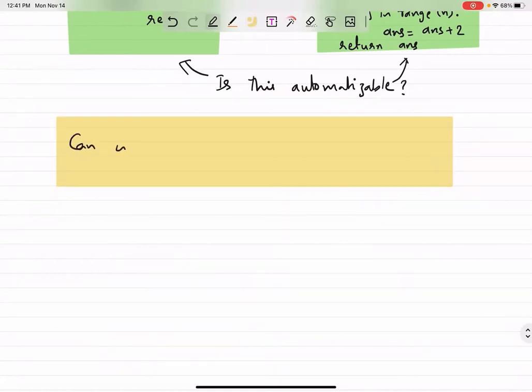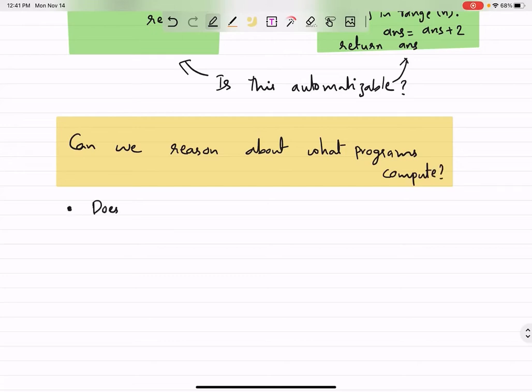Can we reason about what programs compute? Like, for instance, does the program code compute what I wanted it to?